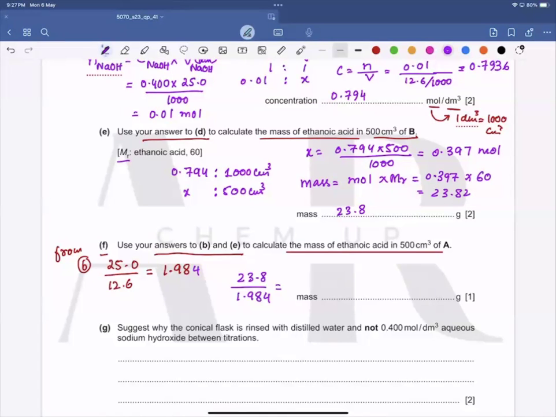It's 11.999. So it means it is going to be 12.0, right?